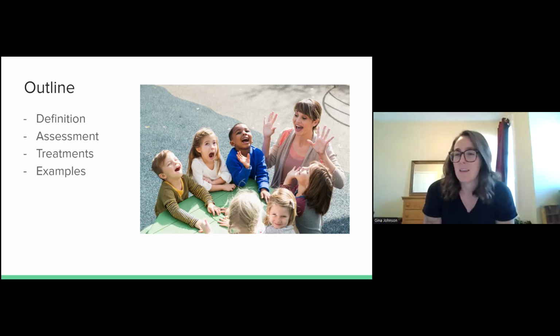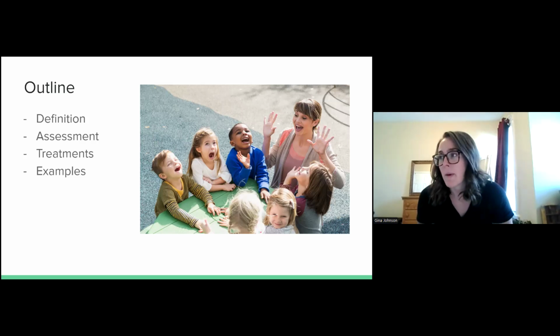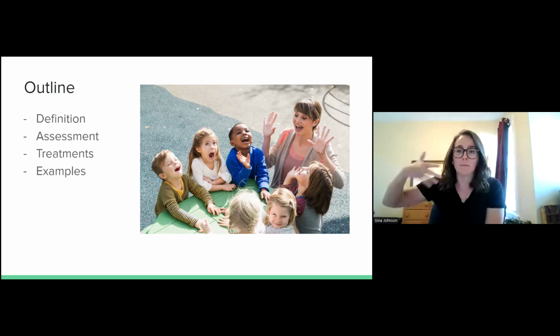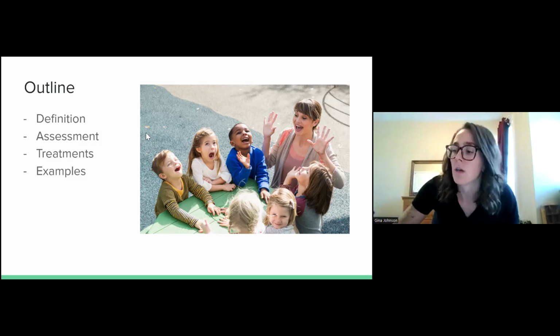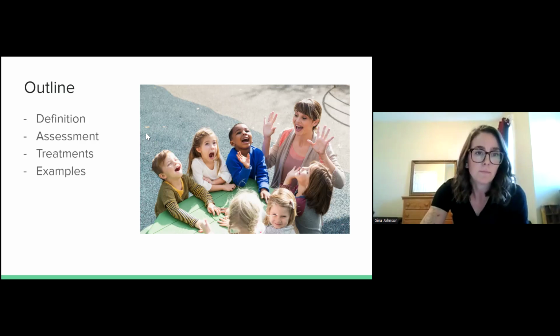It is different than the other functions, so I think it's worth looking at separately. So we're going to figure out a definition, look at assessment of automatically maintained behaviors, and then some treatments and treatment considerations. Then we'll look through some examples of different treatment packages to get our wheels turning about how we can intervene more effectively with these behaviors.